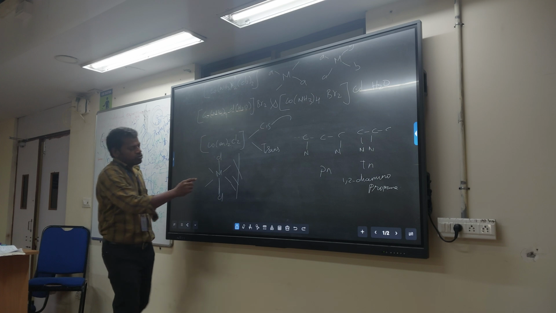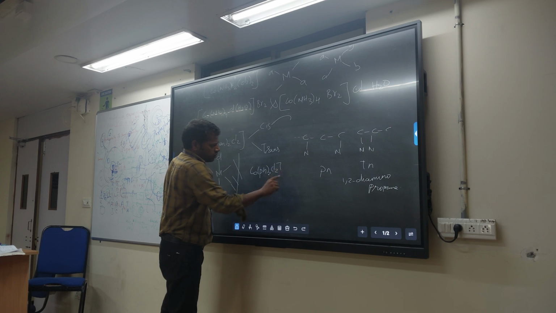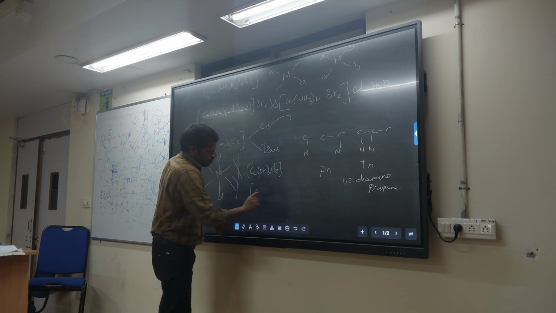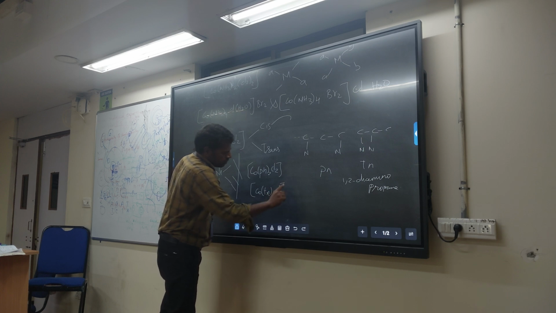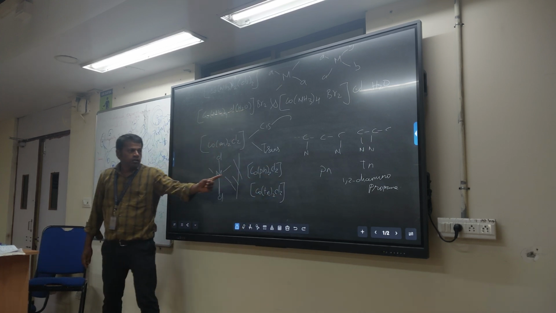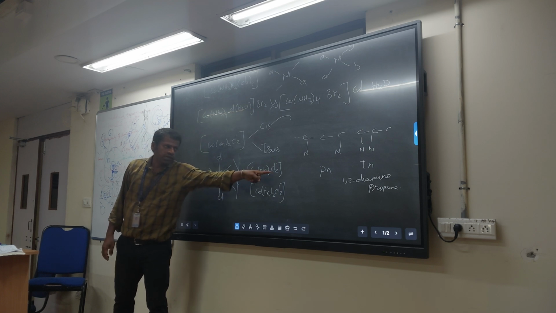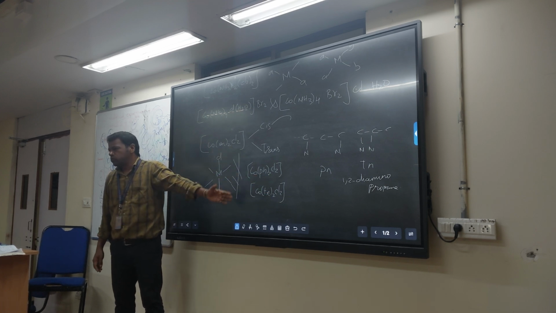Maybe you take this also as an example. [Co(tn)2Cl2], [Co(tn)2Cl2]. What type of isomerism?